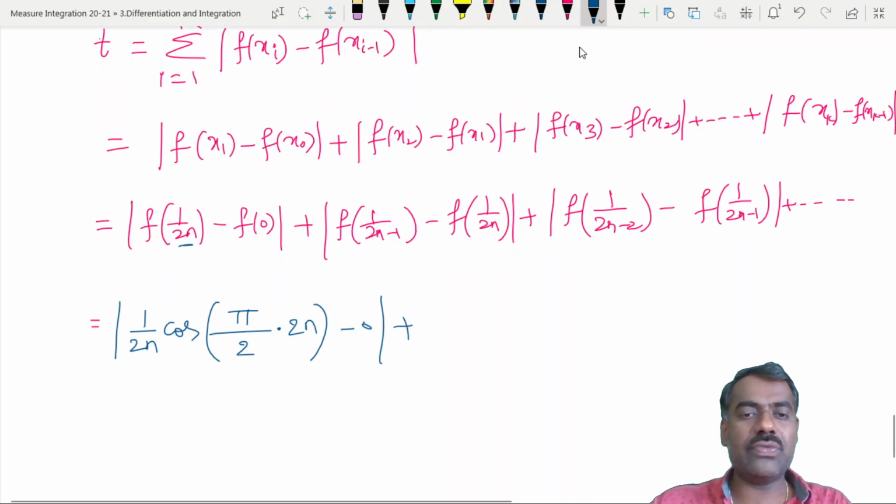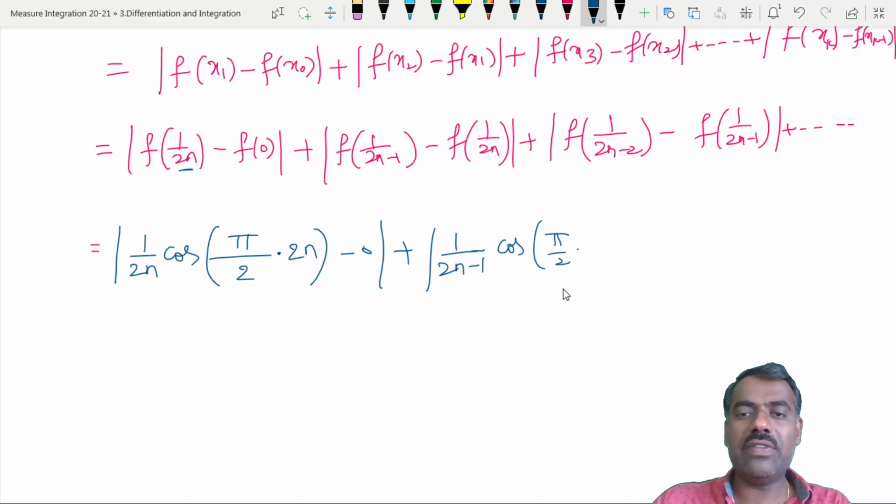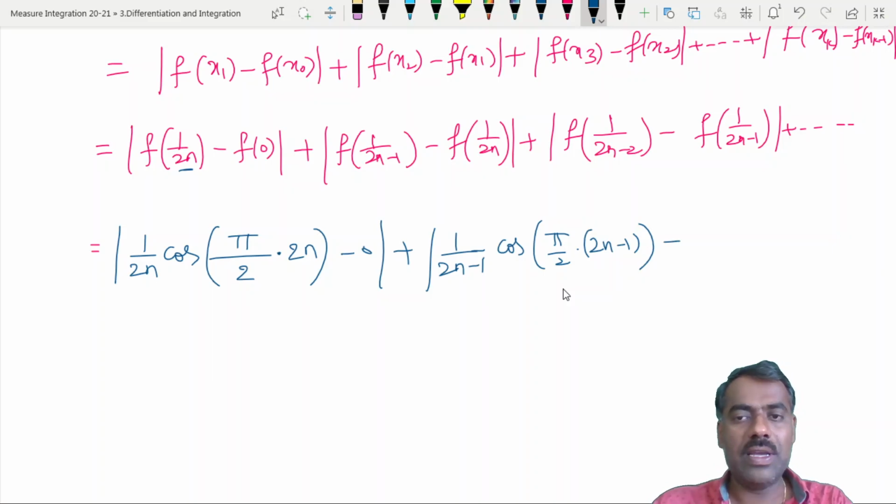Plus the next one, f of 1 by 2n minus 1. So this x is 1 by 2n minus 1, and cos pi by 2 will always be there, and the next one is 2n minus 1 because it is 1 by x. Are you following? Minus f of 1 by 2n, which we have already written, cos pi by 2 into 2n.